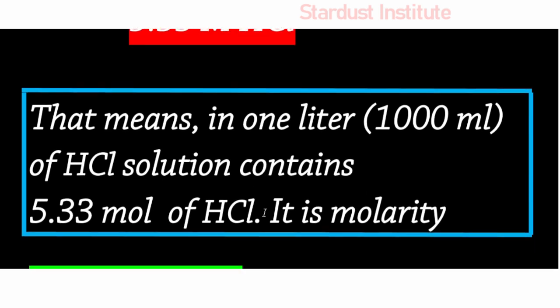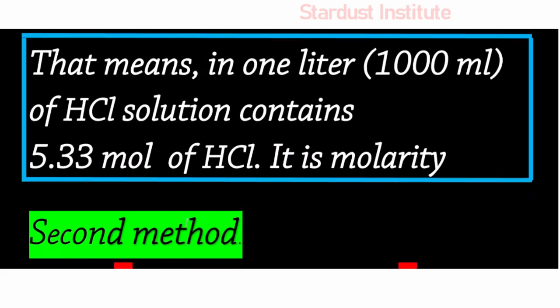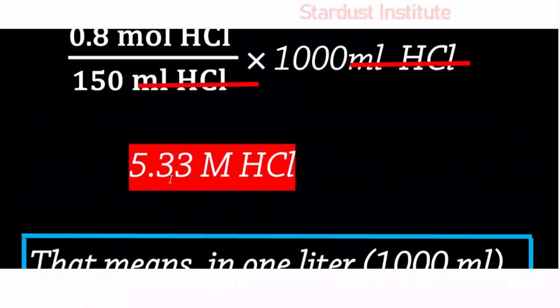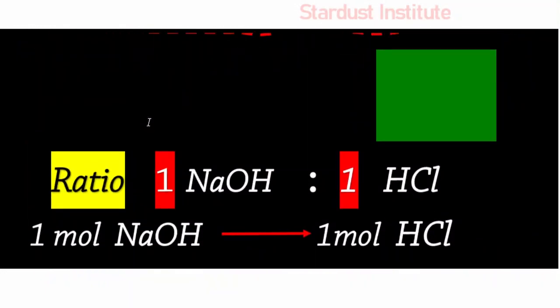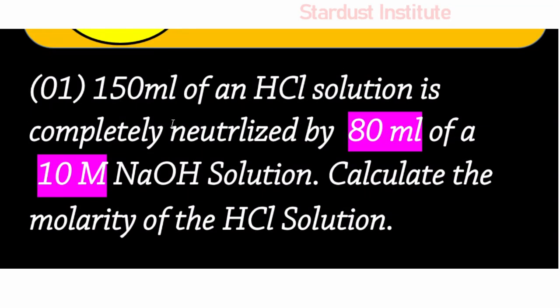There's another way to find the answer. Second method. There are two chemical solutions here. One is HCl. We know the volume of this HCl solution, 150 milliliters, but we don't know the molarity of this HCl solution.